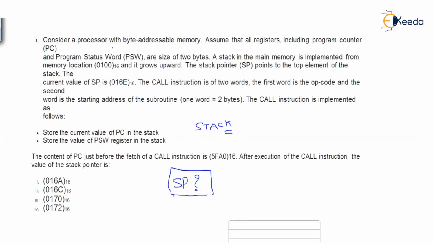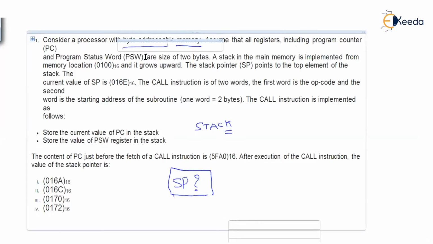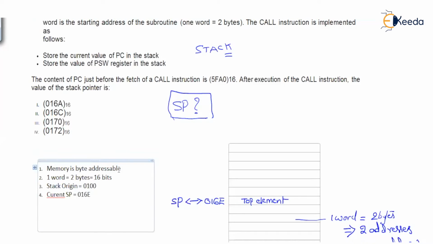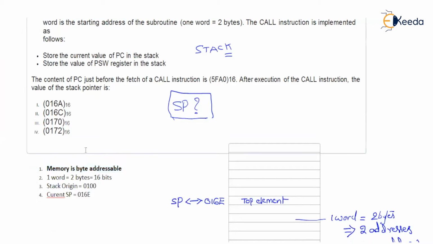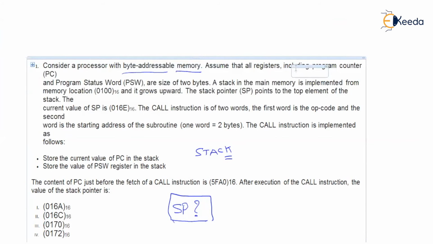Consider a processor with a byte addressable memory. Assume that all the registers, including program counter, PC, and the program status word, PSW, are of size 2 bytes. Here the details are: first, the memory is byte addressable. Let us list out the details in the question. The next detail is that all the registers, including the program counter and the program status word, are of size 2 bytes.